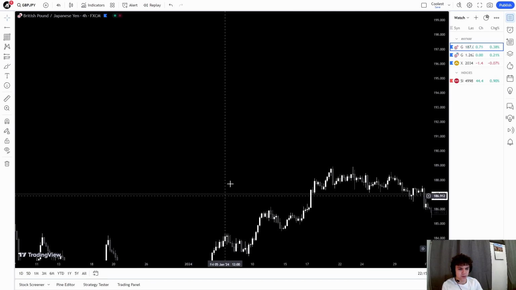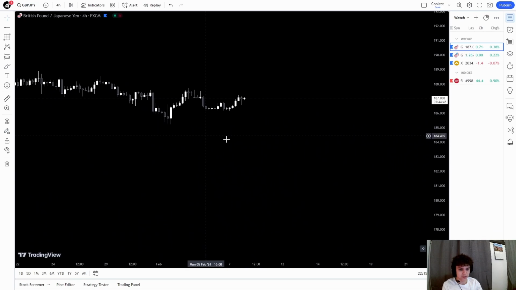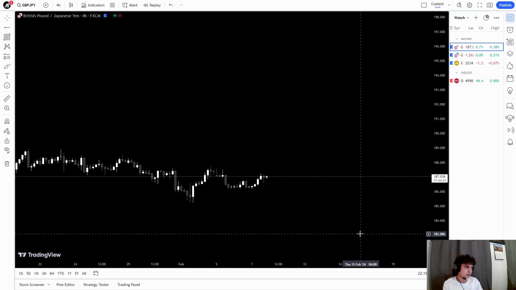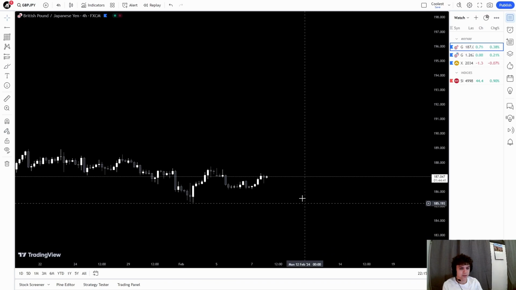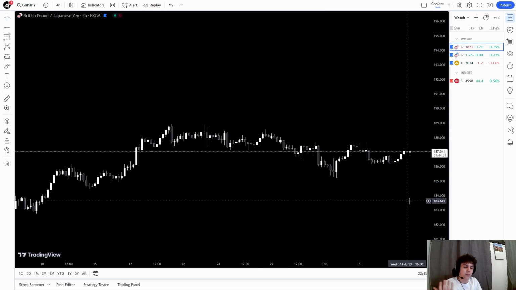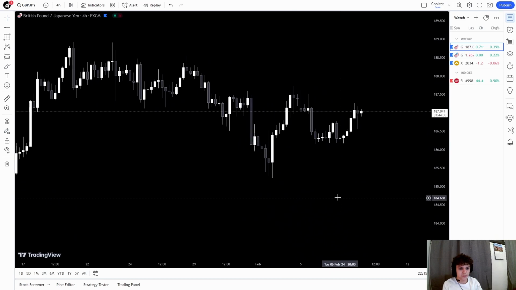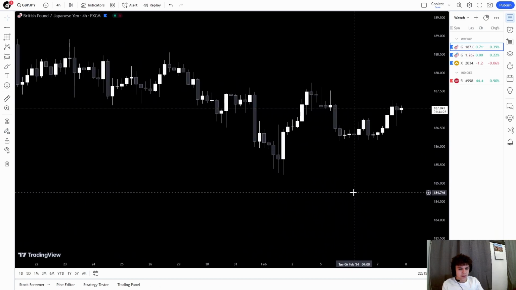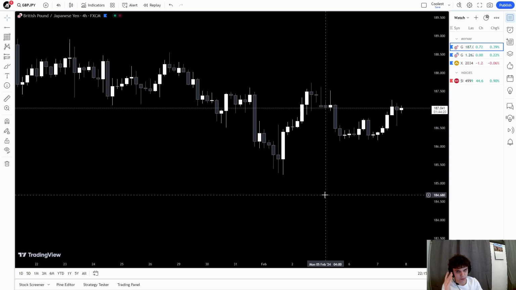So how do I use the break of structure in my strategy? Well, first I obviously check the bias. Are we bullish or bearish? Uptrend or downtrend? Then I want to see some sort of liquidity sweep or break of structure, after the market opens.